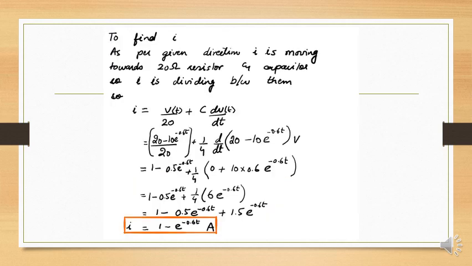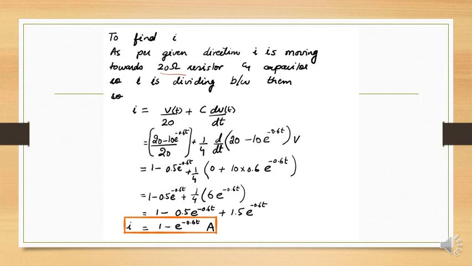Now, current. As per the given direction, I is moving towards the 20 ohm resistor and the capacitor. So I is dividing between these two, the 20 ohm resistor and the capacitor. So I is equal to the current across the resistor plus the current across the capacitor. Current across the resistor is V of t over 20, and current across the capacitor is C dV over dt.